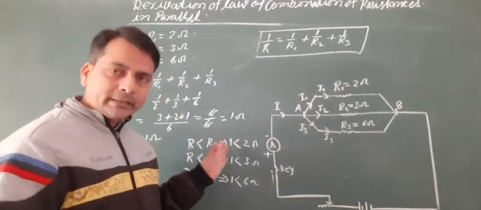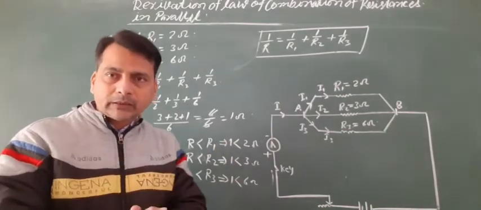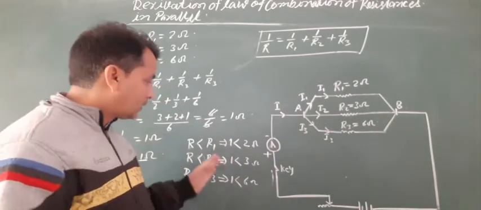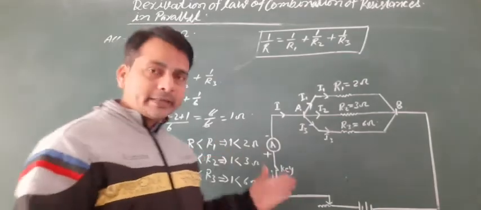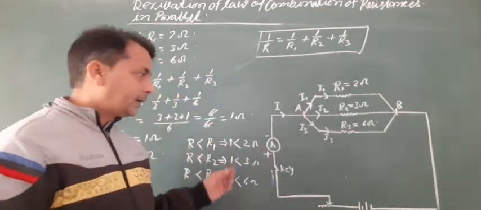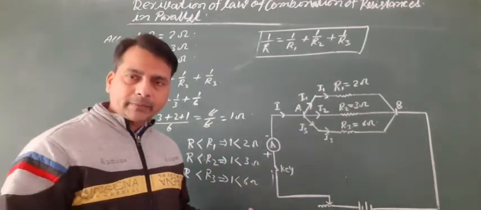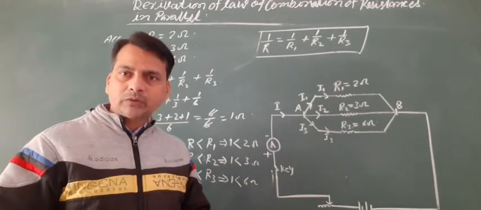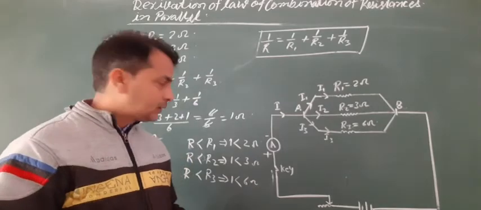So net resistance R, 1, is less than 2, less than 3 and less than 6. So it is clear that the equivalent resistance is less than all the individual resistors used in the circuit if the resistors are in parallel combination.